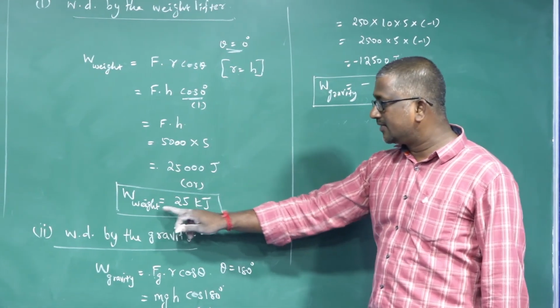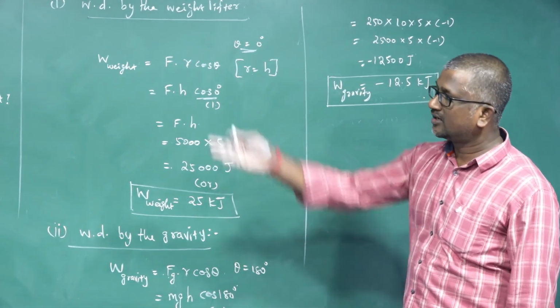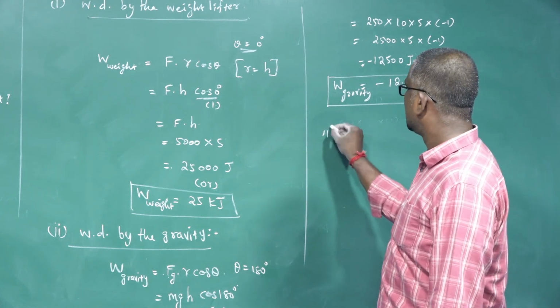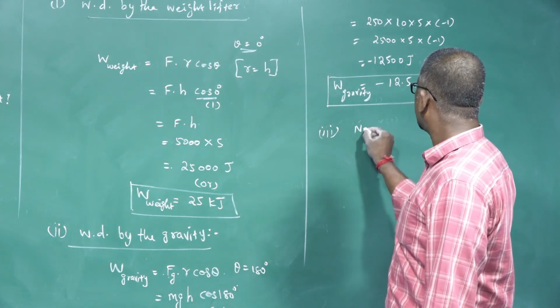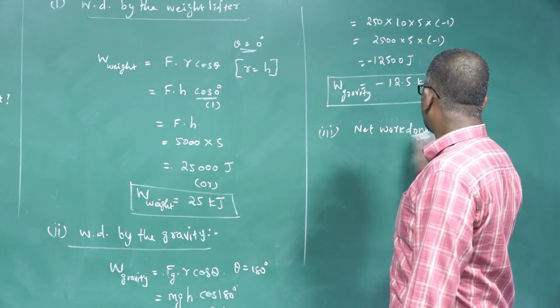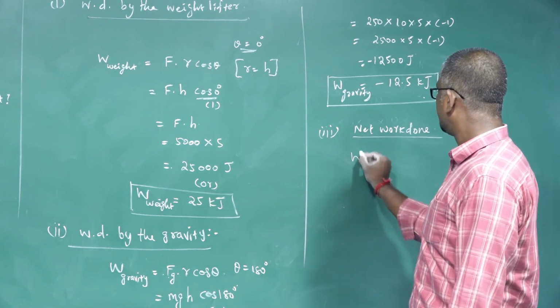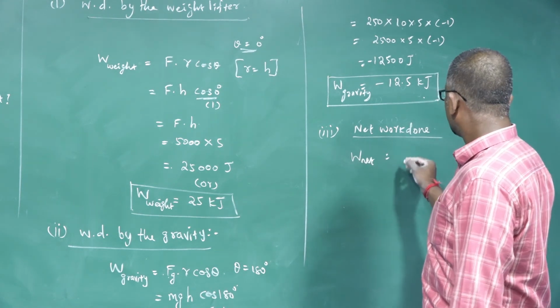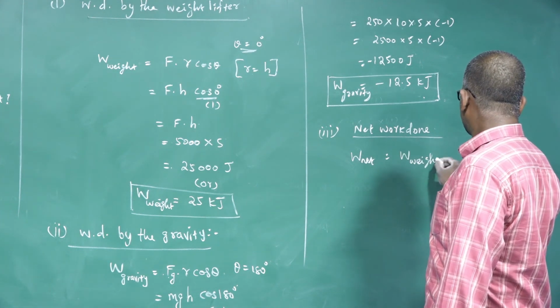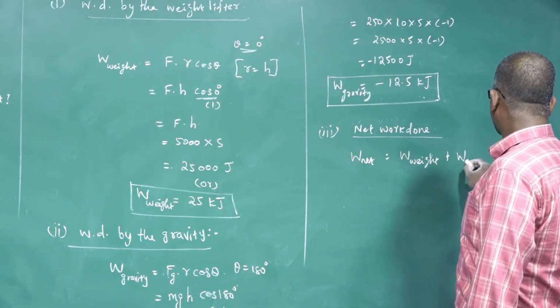Work done by the weightlifter is 25 kilojoule. Last, what is the net work done on the object? Net work done on the object is equal to work done by the weightlifter plus work done by the gravity.